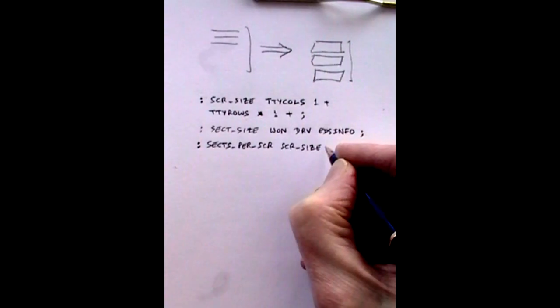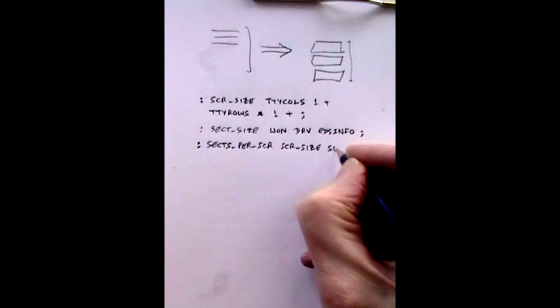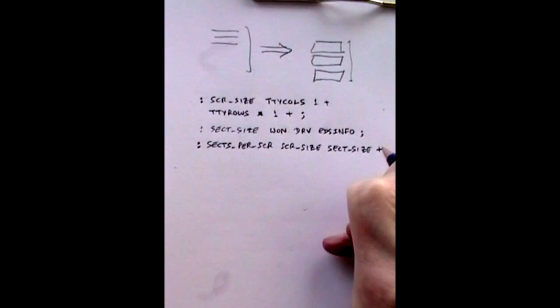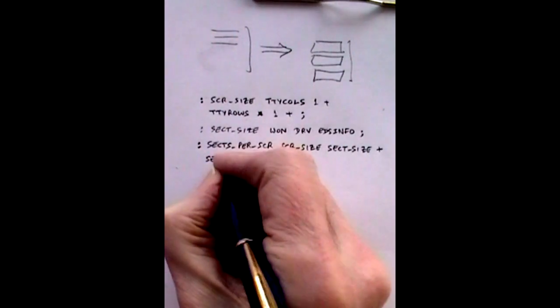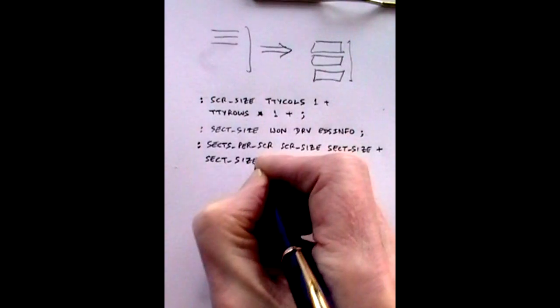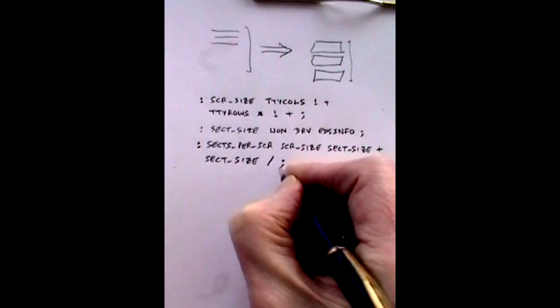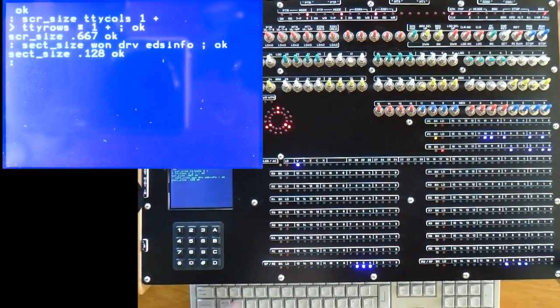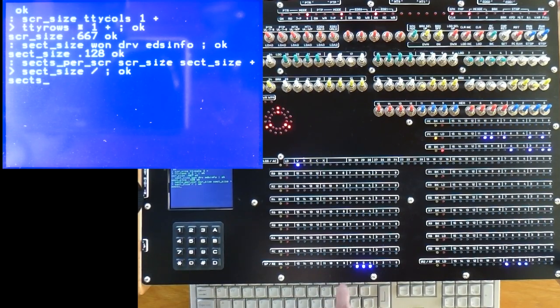So we'll do screen size, we'll add a sector size first, and then we'll divide it by sector size. So that will round up the value. Let's check it. Sectors per screen, print, and it's 6.